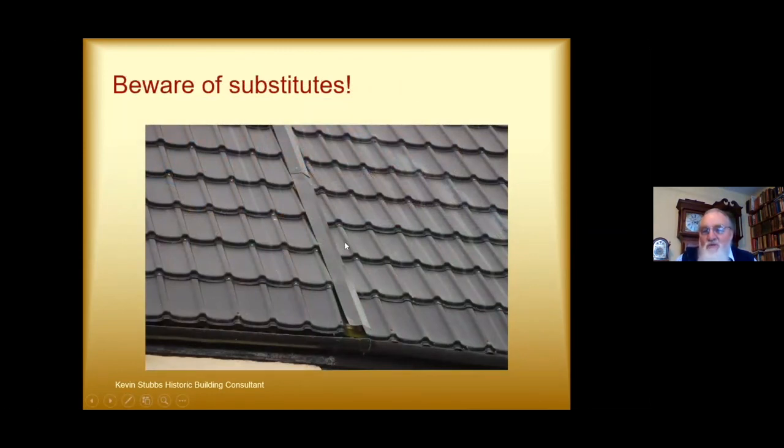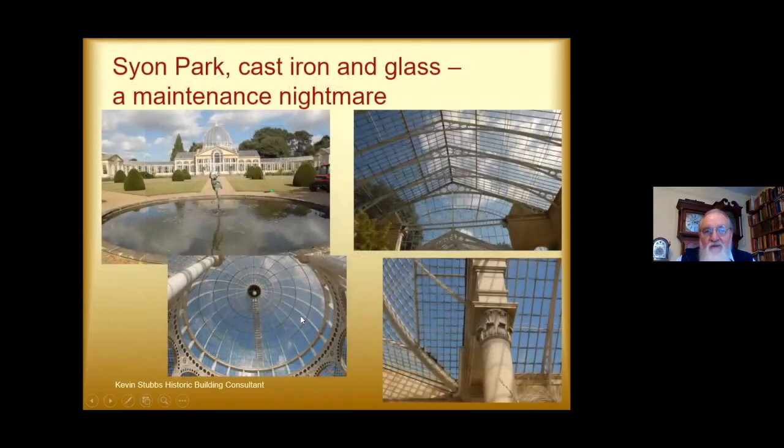Beware of substitute materials. This was a real horror I saw in the West Country, to replace a clay pantile roof. This comes out as plastic strips. You roll it out on the roof and it's fixed down by these special screws. A real horror story. And at the junction, you get this sort of bent tin strip over.